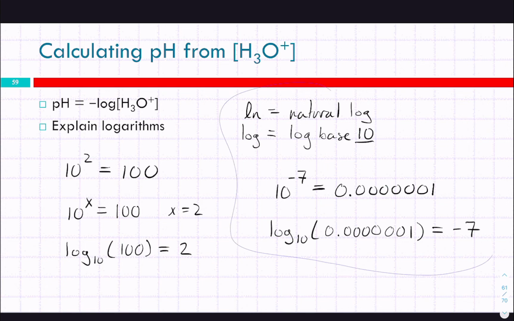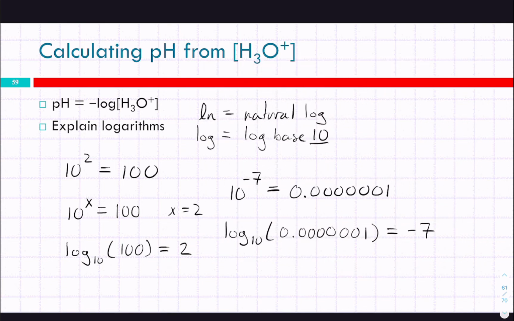Let's say we want the pH of a concentration of 1 times 10 to the negative 3 H3O plus. What is the pH of that? All you have to do is say negative log of 1 times 10 to the negative 3.